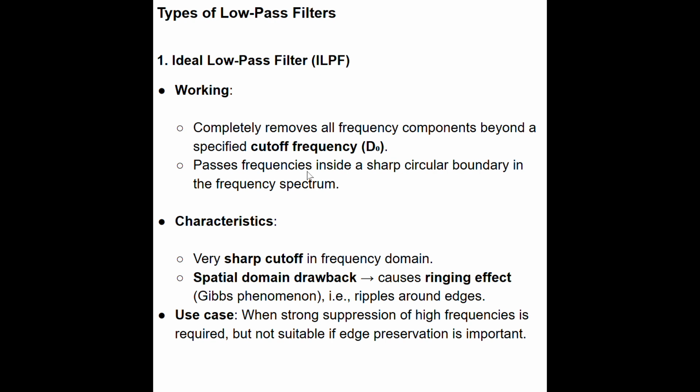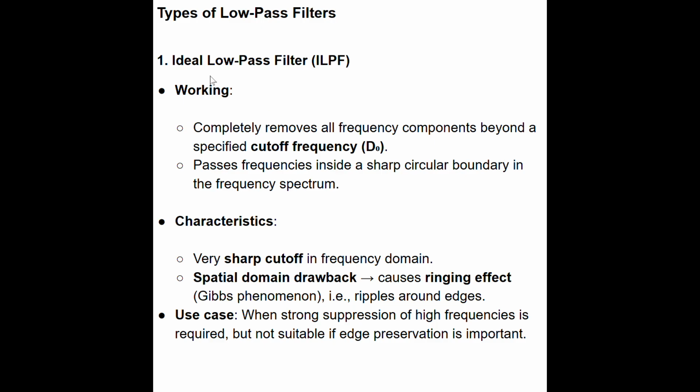So you can determine what the cutoff frequency should be, and whichever components in that image have a frequency beyond that cutoff, you can simply skip those. Whatever objects or intensities there might be, if you find a frequency component which is beyond this D0, directly skip it.